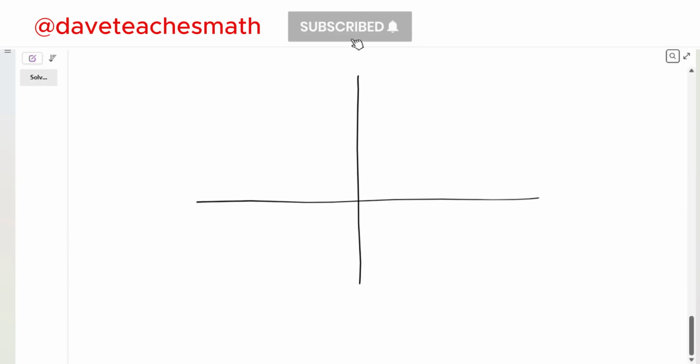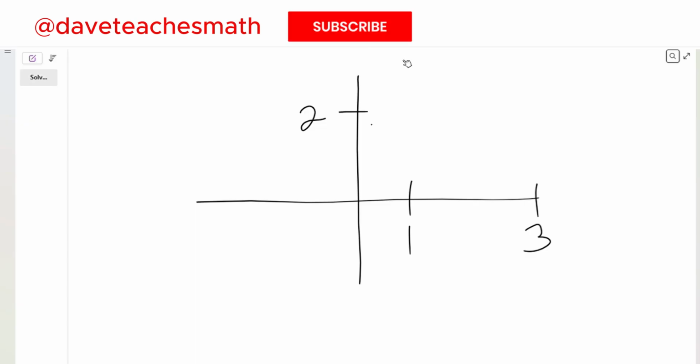Okay, so if this is our x and y axis, we know that at our y-intercept where x is equal to 0, we had 3, and our x-intercepts we had x is equal to 1 and x is equal to 3, and for our vertex we had h is equal to 2, k is equal to -1, which means 2, -1, right?